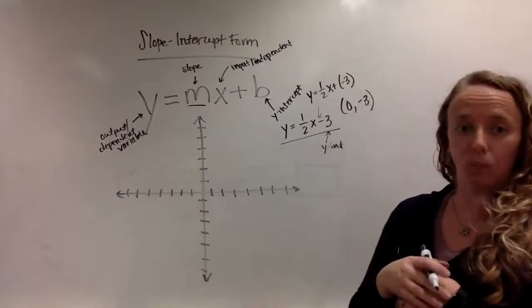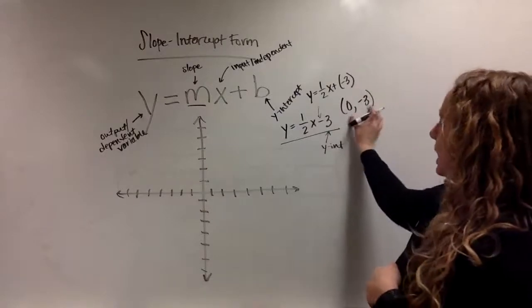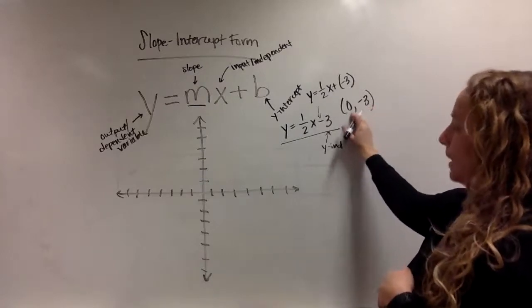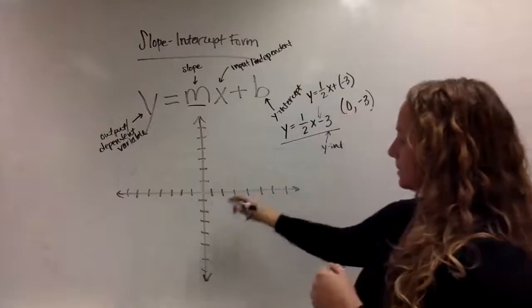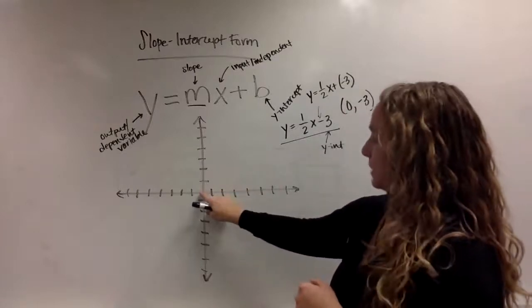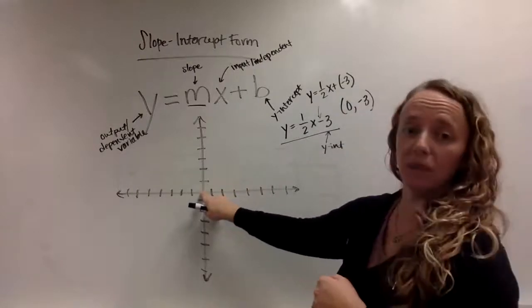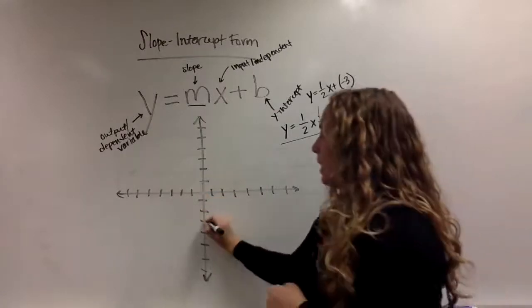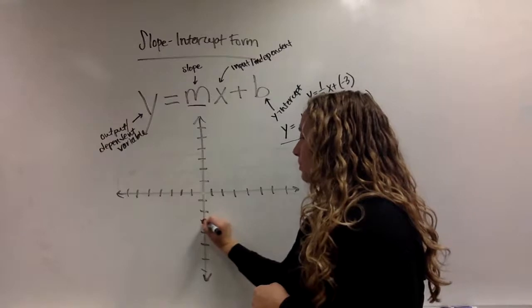Our y-intercept is where it crosses the y-axis, so x is 0. I'm going to find that point on my graph. There's no movement along my x-axis. I'm going down 3 points on my y-axis, and I'm going to make a dot.